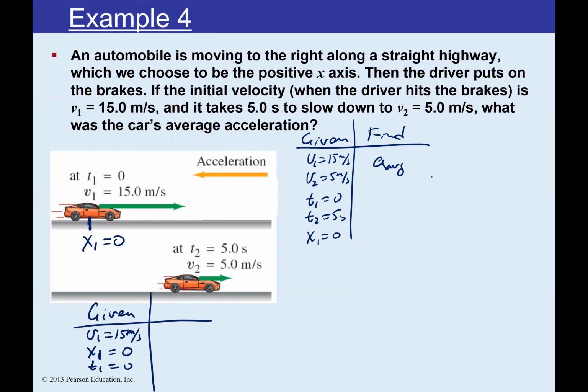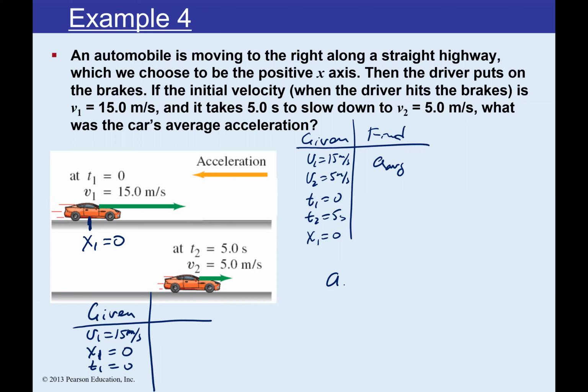Well, we know one thing. Average acceleration is delta v over delta t, and we can just use that equation to calculate this.